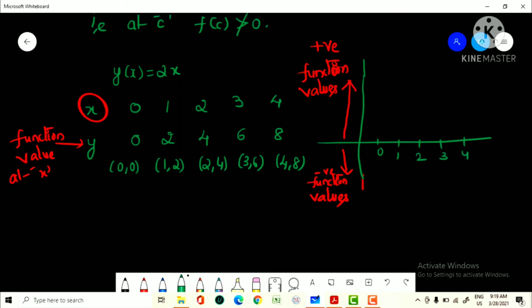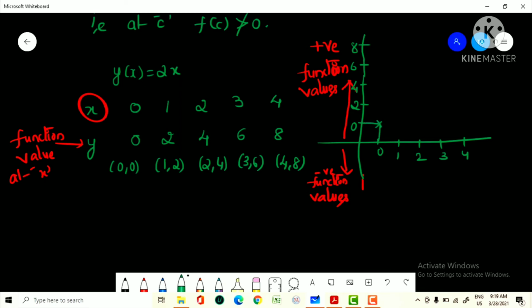Okay, at 0, let me write this also: 0, 2, 4, 6, also 8. Now understand what I am trying to say. At 0, what is your function value? 0, right?